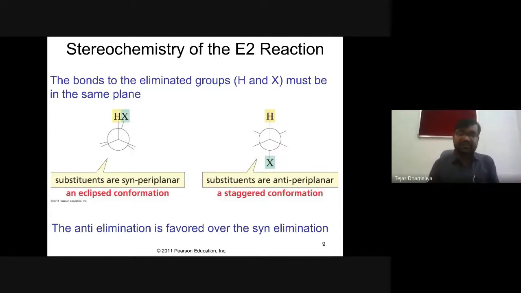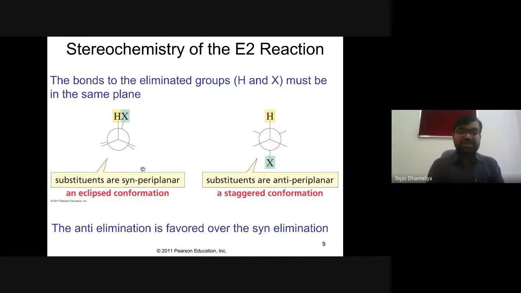So that's why trans or capital E isomers are termed more stable compounds. Okay, so here the stereochemistry of E2 reaction can be studied with the help of this example, where we are showing two kinds of structure.